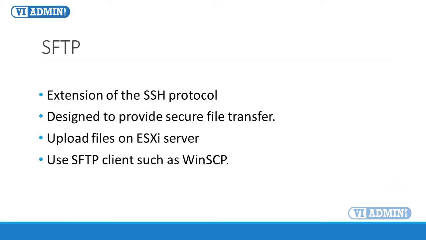SFTP is an extension of the SSH protocol, and it has been designed to provide secure file transfer capability. To upload files on the ESXi server, you can use an SFTP client such as WinSCP. We're going to show you how to upload ISO files with WinSCP in the next movie, so bear with me and we'll get to that part.